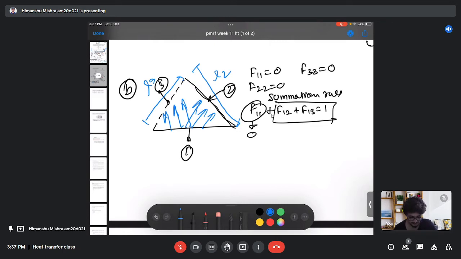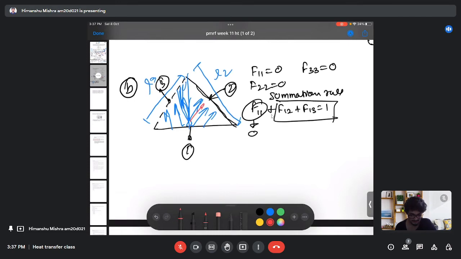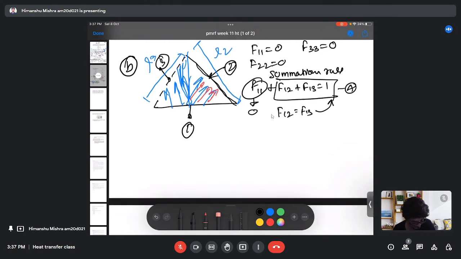So in that case, half of the radiation will reach 3 and half of the radiation will reach 2. So there is a symmetry in the view factor. F12 will be equal to F13.